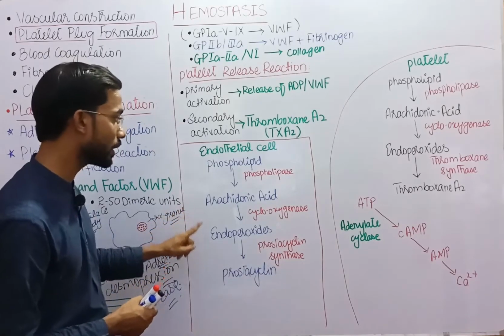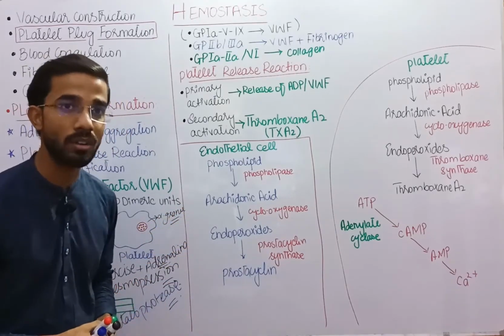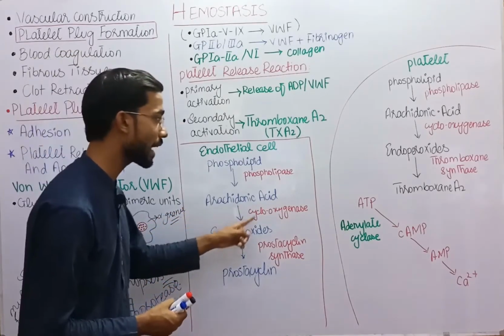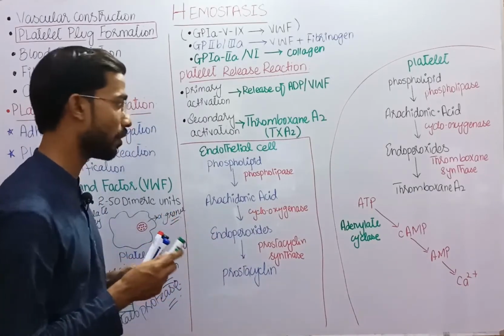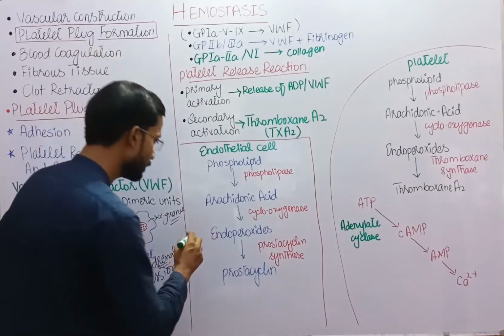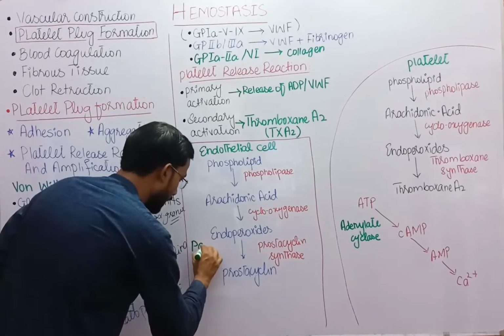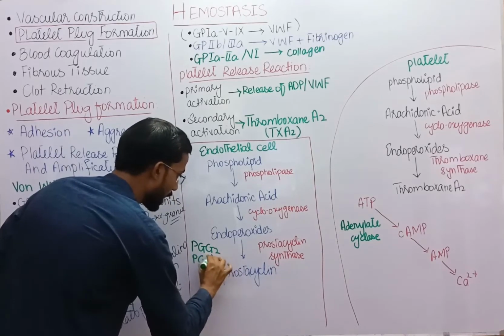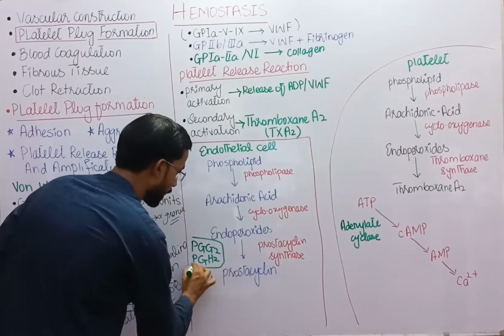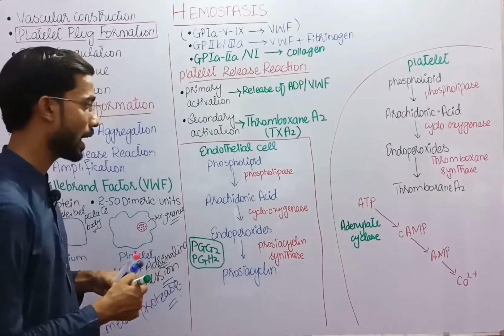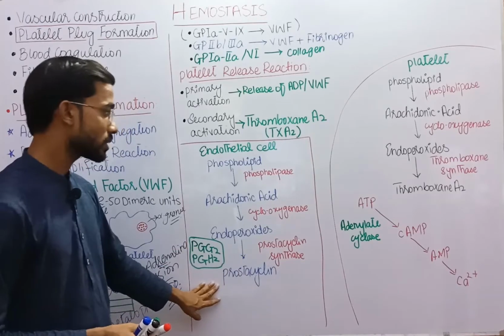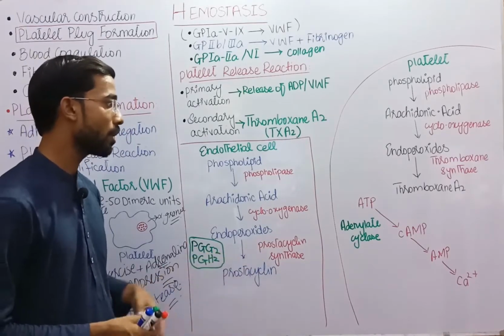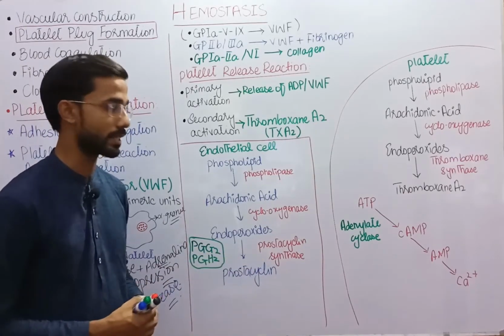Arachidonic acid then converts into endoperoxidases with the help of cyclooxygenase. Endoperoxidases are actually prostaglandin G2 or prostaglandin H2. These are the prostaglandins, and endoperoxidases are converted into prostacyclin with the help of prostacyclin synthase, right?